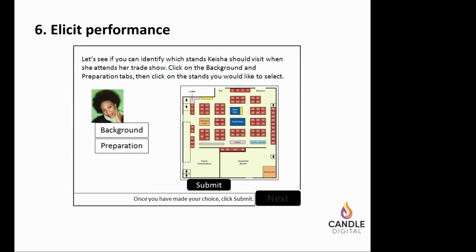And the background and preparation tabs there would give explanation about Keisha, what she does, etc., and the preparation that she's done, and then you choose which stands she should visit, and maybe the order of those stands. And there'll be a key to the stands. It's not just a numerical choice, but it'll explain.